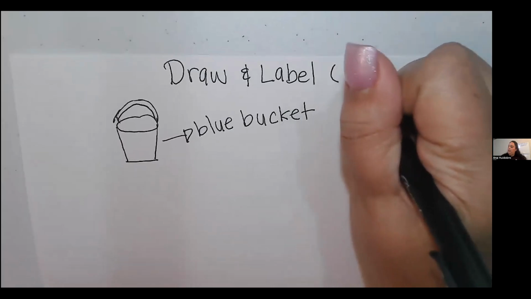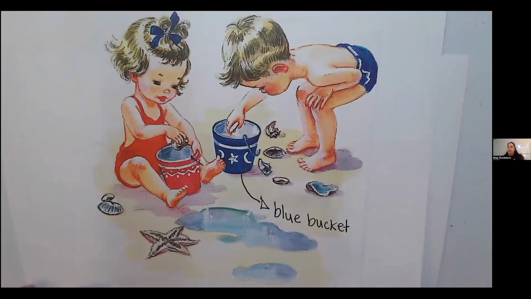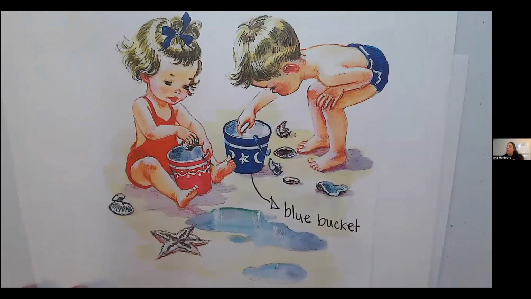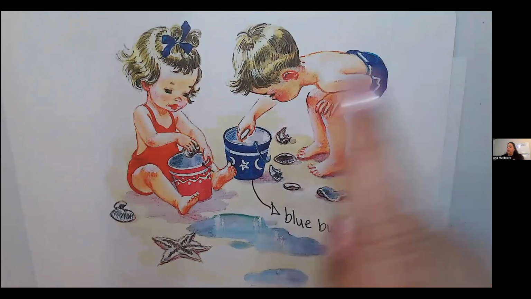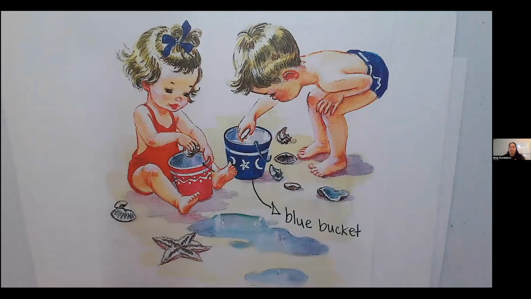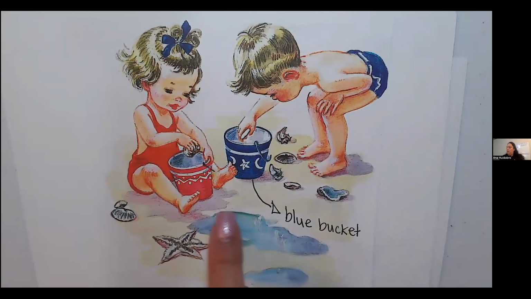And I want you to put the number 5 here because I want you to draw and label 5 things on your paper that come from this picture. Some ideas. So remember, I want more than 1 word. So small boy, girl with a bow in her hair, star-shaped, this is a starfish, white shell, maybe a small puddle of water.